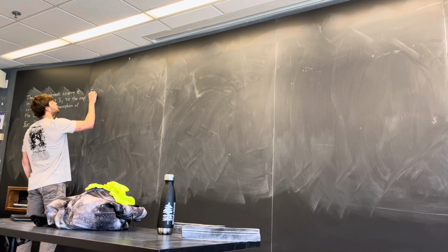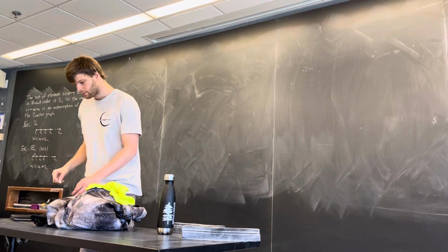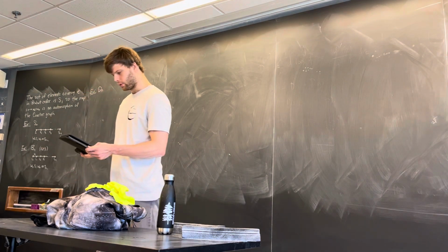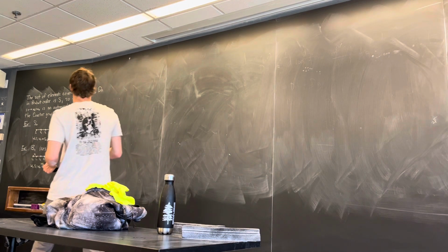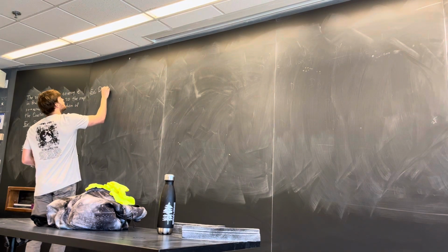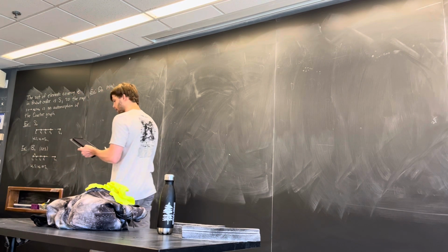And I'll do one other example. So let's take Dn. Maybe I want to assume n is at least 4, maybe. Maybe 3 is fine, I don't know.